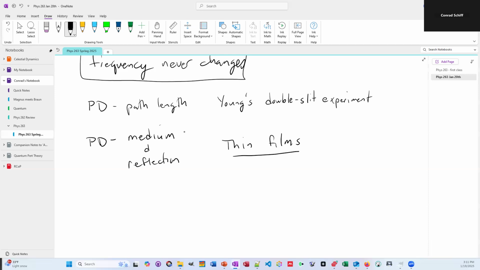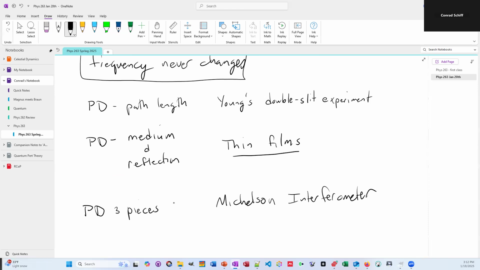And then we'll talk about putting it all together, or at least partially putting it all together. It won't be precisely thin films. And that is phase difference with three pieces. That is to say, path length, medium, and reflection. And this will be the Michelson interferometer.